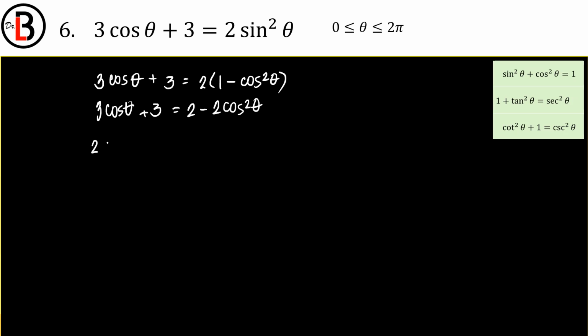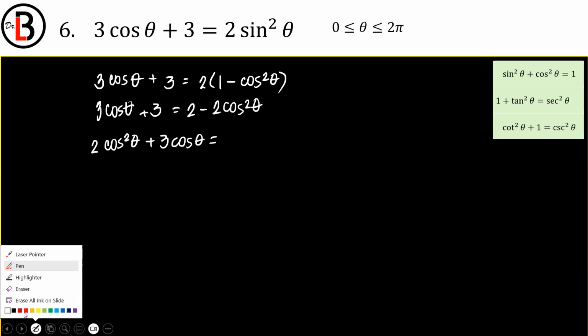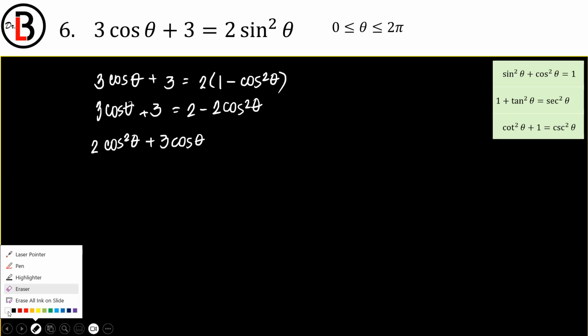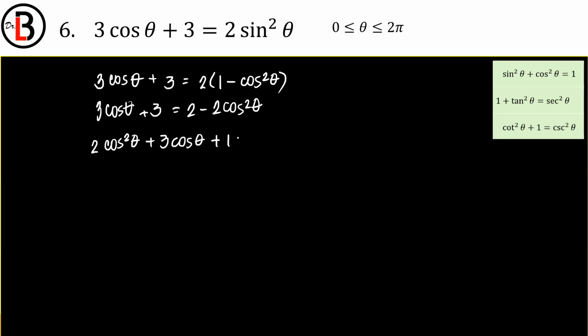Transposing everything to one side: 2 cosine squared theta plus 3 cos theta plus 1 equals 0. And then we can replace this. First, let's make it easier for us: 2a squared plus 3a plus 1 is 0.